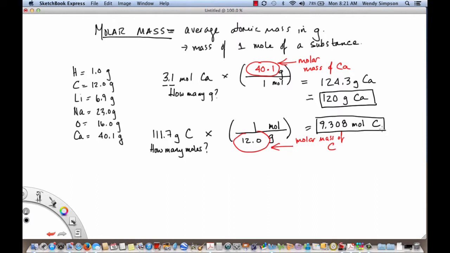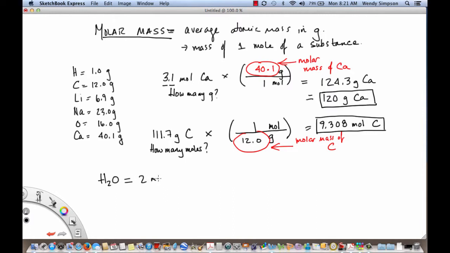We can also find molar masses for compounds. So if we have the compound water, H2O, in order to find the molar mass, we look at the formula and we can consider that this here would be equal to 1 mole of water, which is 2 moles of hydrogen and 1 mole of oxygen.